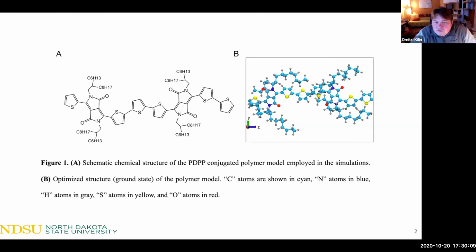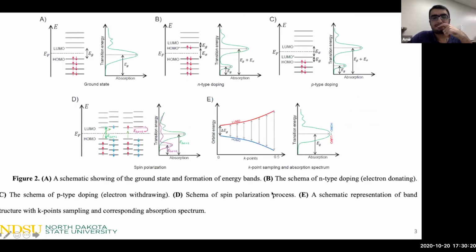Then the next question is from Aaron, and I believe it is about the next slide. So he's asking, figure 2D, is change of spin configuration important for these materials?